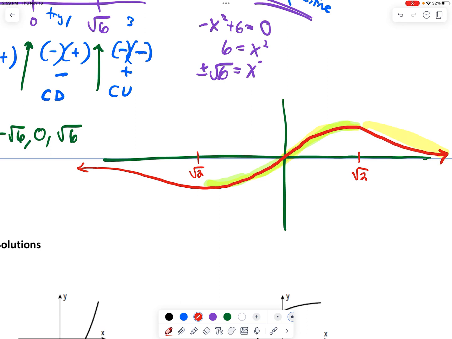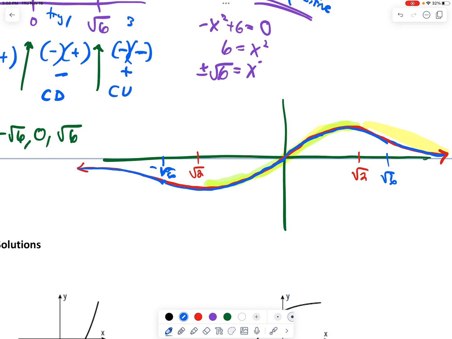At negative radical 6, something like here is where concavity changes from down like a frown to up like a cup. And then at 0, we are down like a frown again until we reach somewhere right here like radical 6, where we are up like a cup.